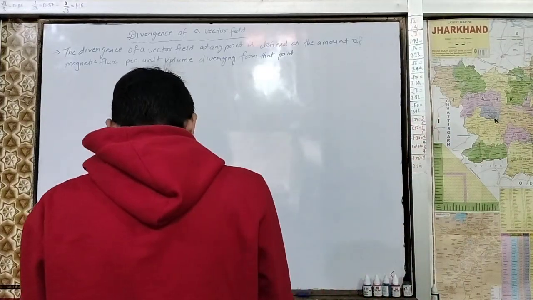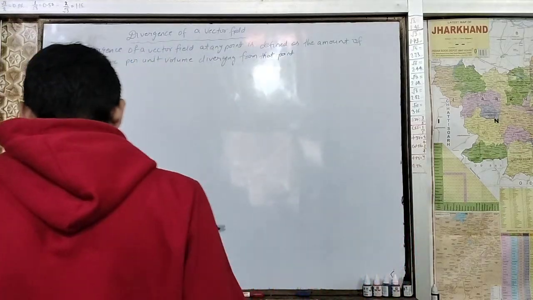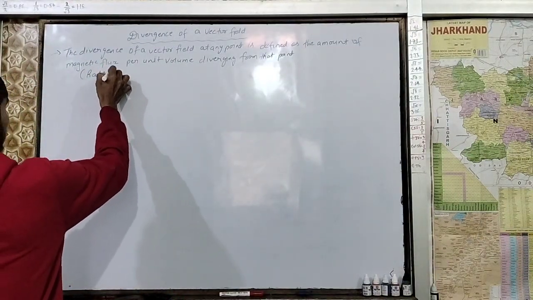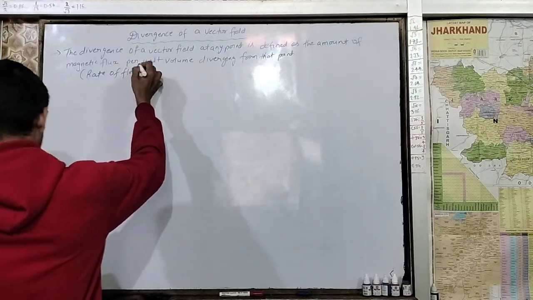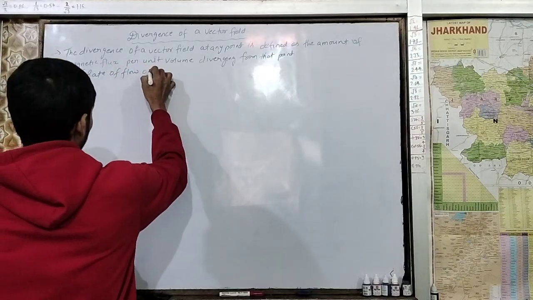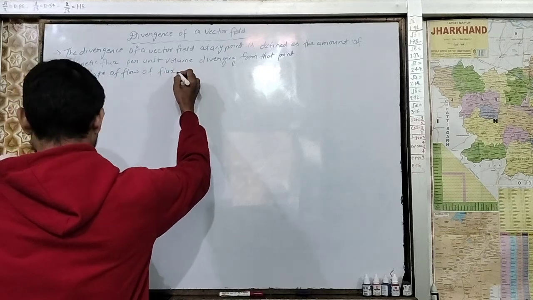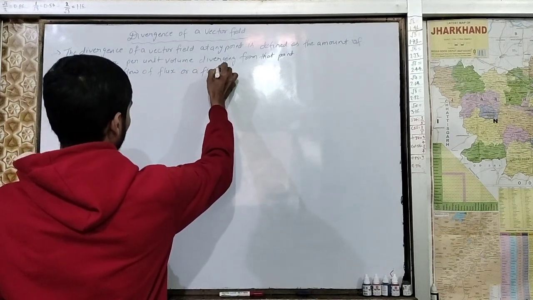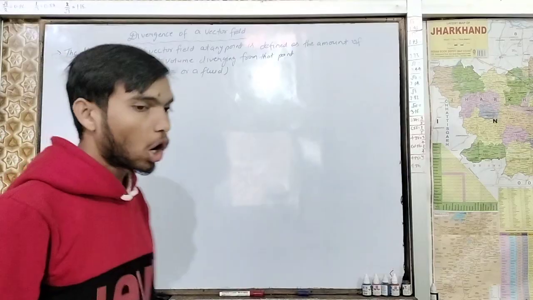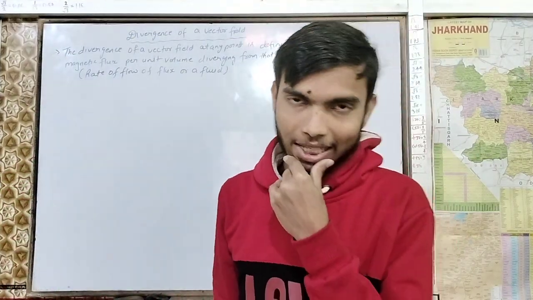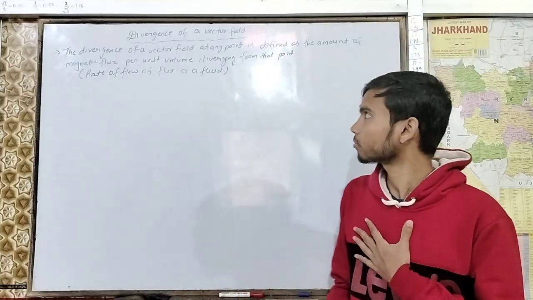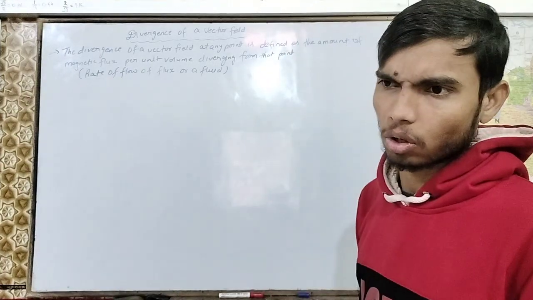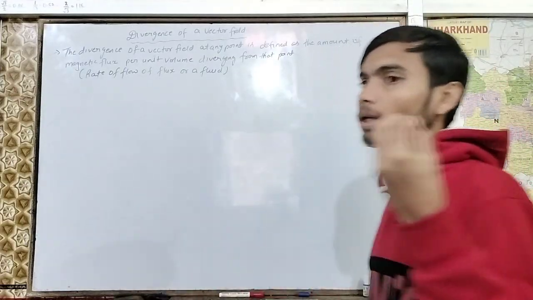So in short, you can say rate of flow of flux, meaning lines or a fluid, meaning how much fluid per unit volume diverged, or you can say left or entered.